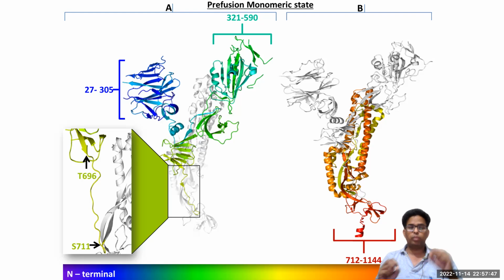Then 712 to 1144 is the structural protein, a helical region, so highly stable. So ultimately I am trying to say that the receptor binding domain and N-terminal domain are not directly involved in stability with the helical region.